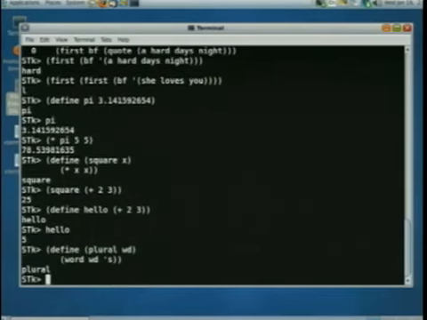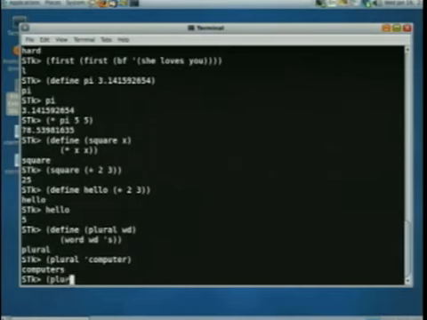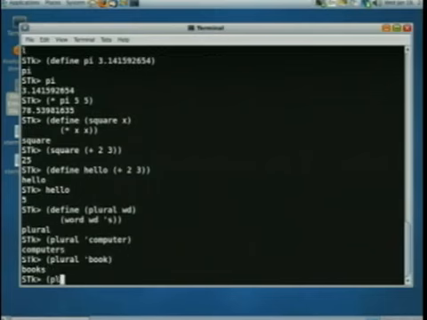So here's a typical function that you might define. So I can say plural "computer", "computers", plural "book", plural "boy".